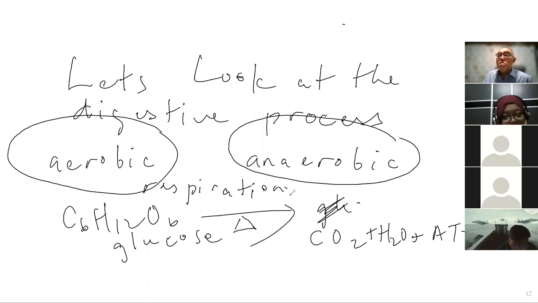It causes muscle cramp in the absence of oxygen, because our body could not deliver enough oxygen. Whereas the muscles require oxygen for aerobic respiration, the complete metabolism.